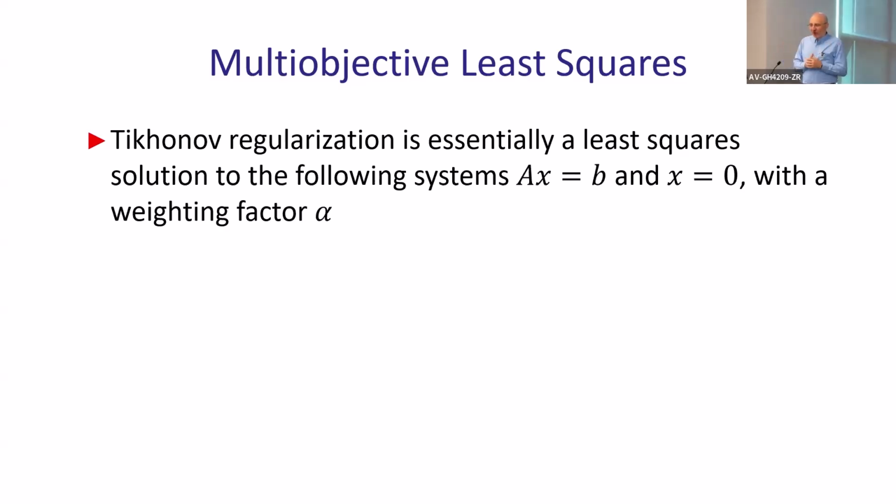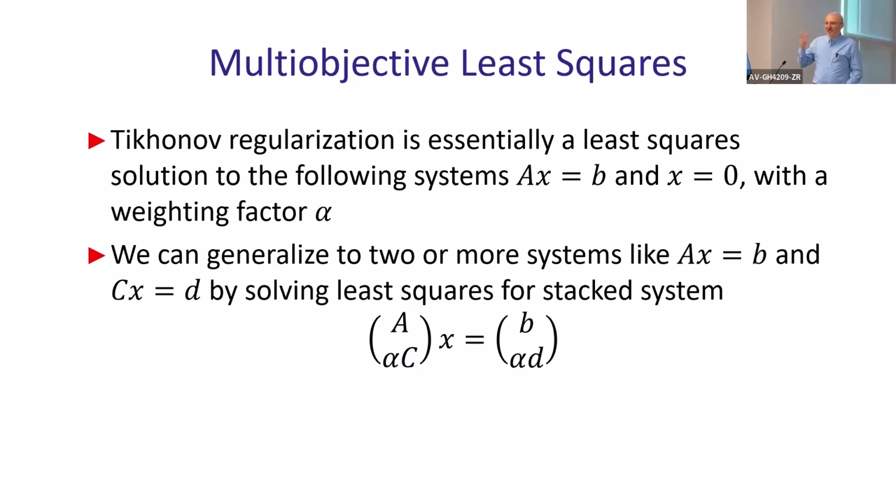So this is a second system of equations, but a very simple, degenerate system of equations, x equals 0. So you are minimizing that with a particular weighting factor alpha between them, okay? And alpha tells you how important that thing is.